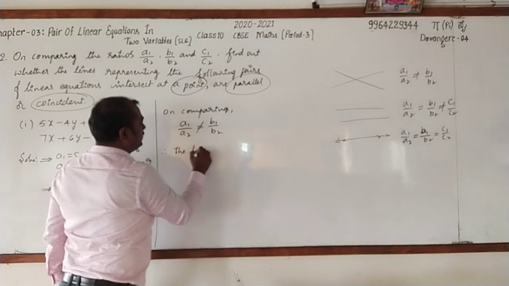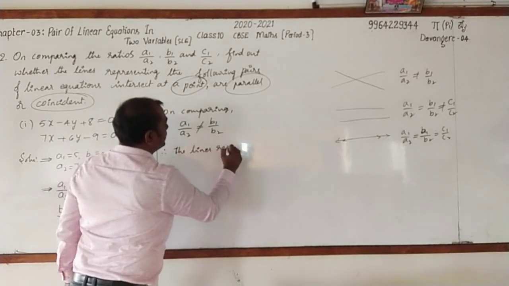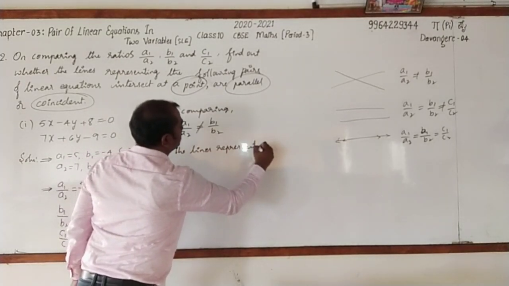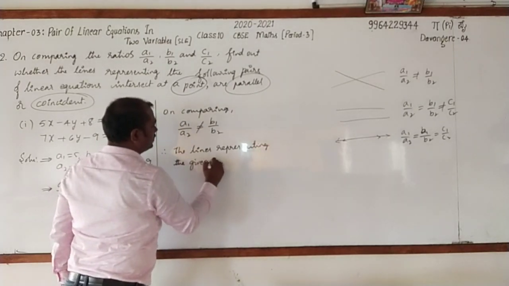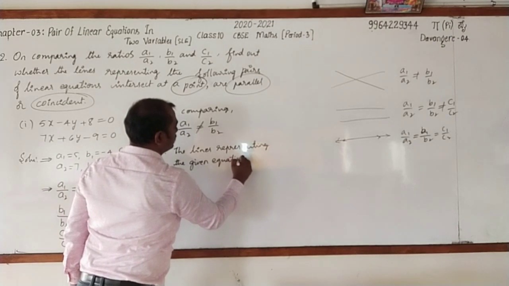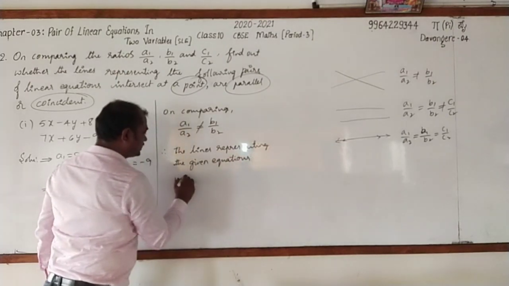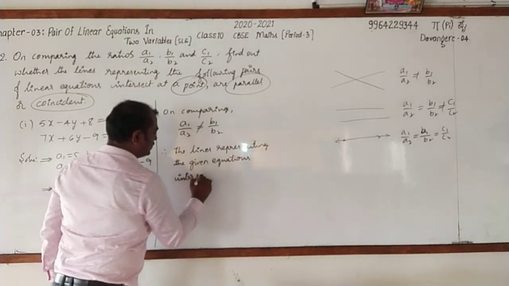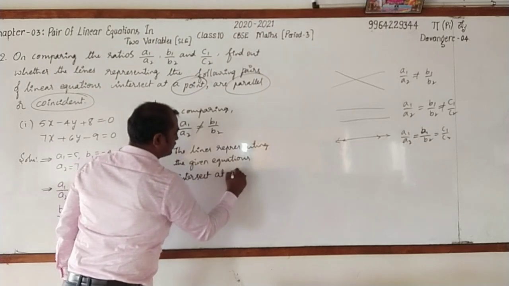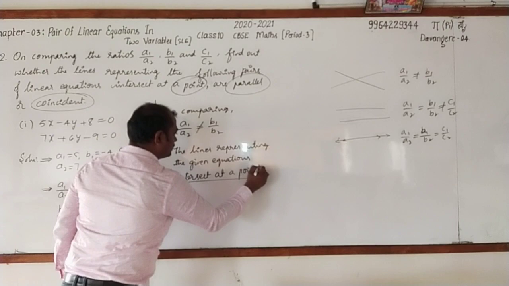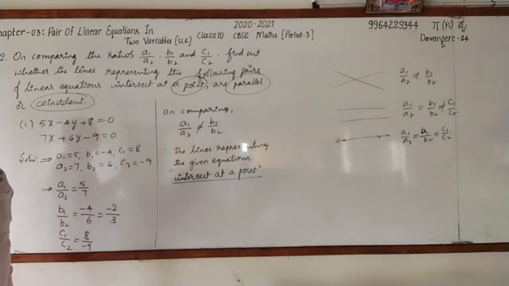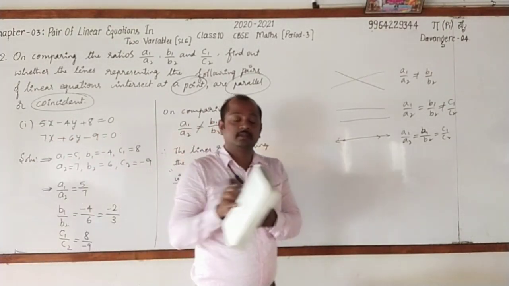Therefore, the lines representing the given equations intersect at a point. Right? I'm going to highlight this. Clear? Okay. Now let me go for the second one.